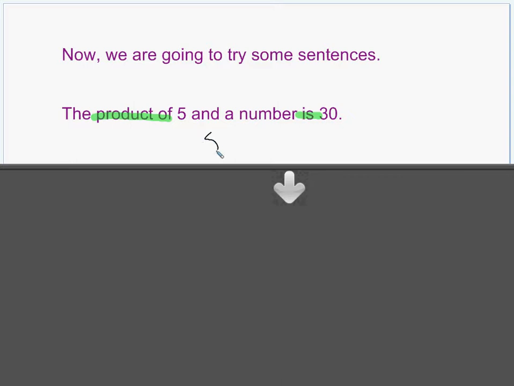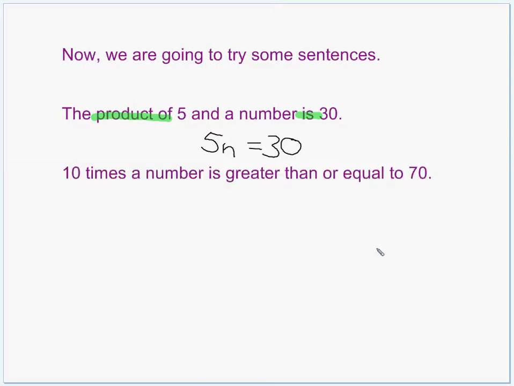So I'm going to multiply 5 and a number. The word is, that's always an equal sign, and 30. So that's translated. Like I said earlier in the first video, we're not solving these, so don't worry about what the solution is. All you gotta know for now is that's what the sentence means.